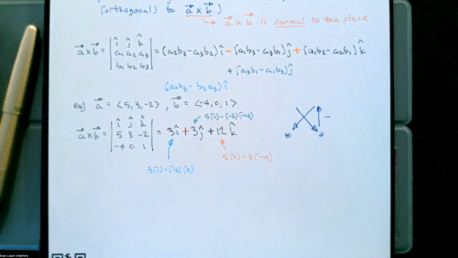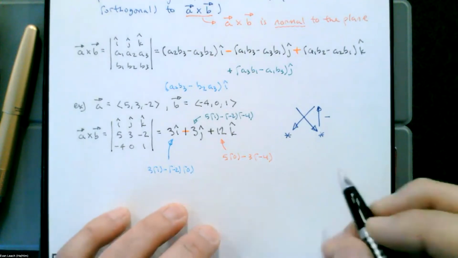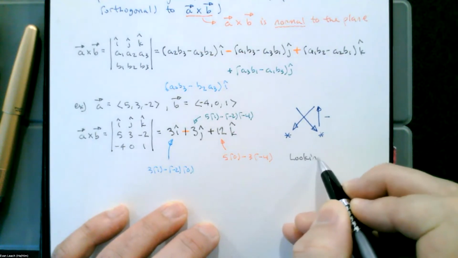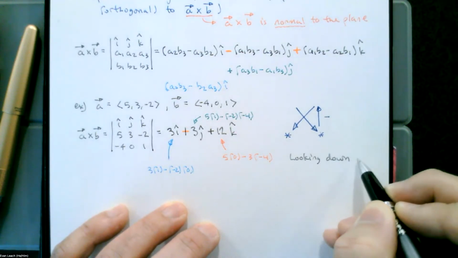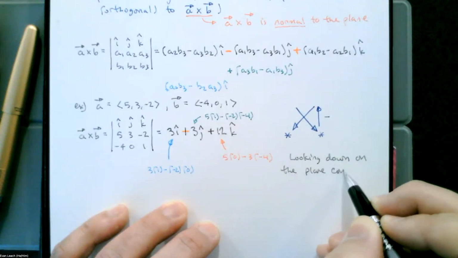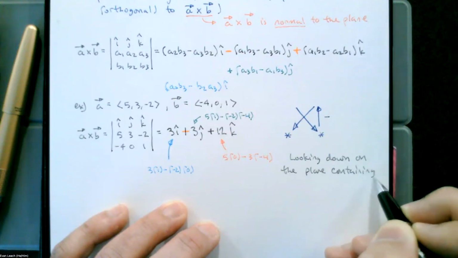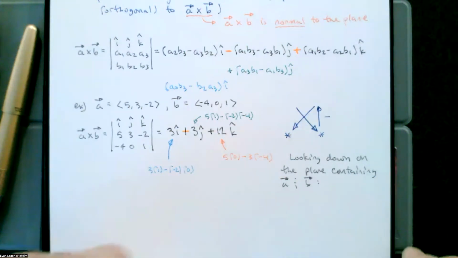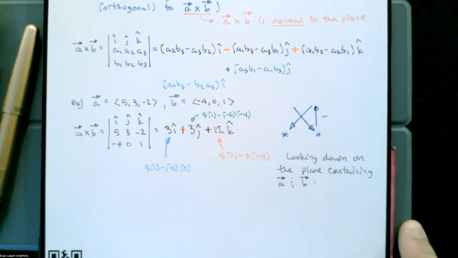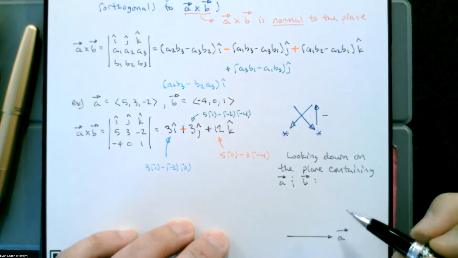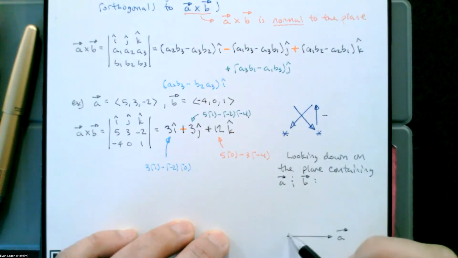So if I draw A and B, if I take a look at the plane, I've got a vector A and some vector B. I can't remember the angle between the vectors.